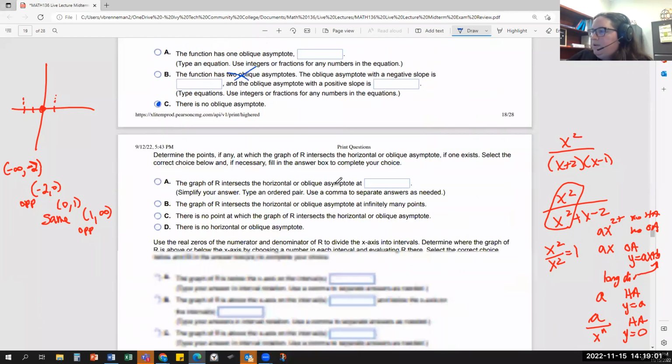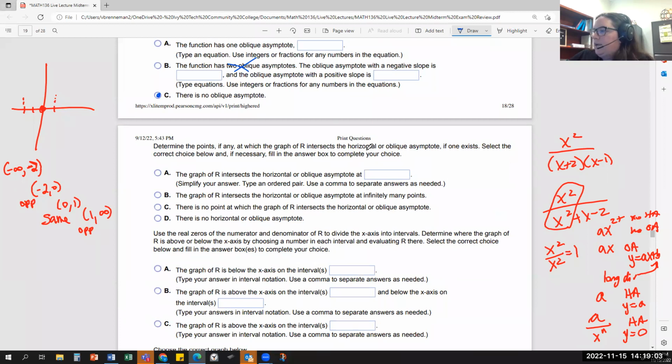And then you have the question about, is there an intersection? So we take the function, x squared over x squared plus x minus 2, set that equal to 1, and see if there's any solution. If I multiply both sides by x squared plus x minus 2, I get x squared equals x squared plus x minus 2.